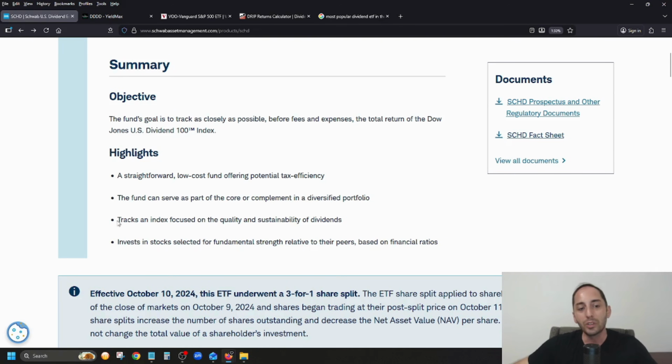So when people talk about dividend quality, dividend sustainability, and also growing dividends over time, that's what we're talking about, right? The quality and sustainability. So these are typically lower volatility stocks that have a long track record of profitability, because we know that dividends are essentially profits, right?